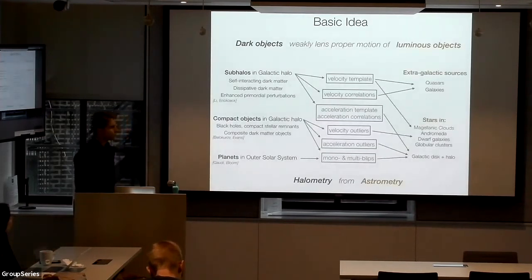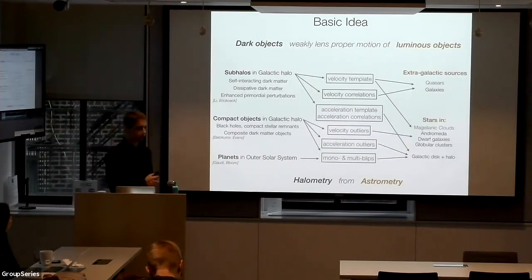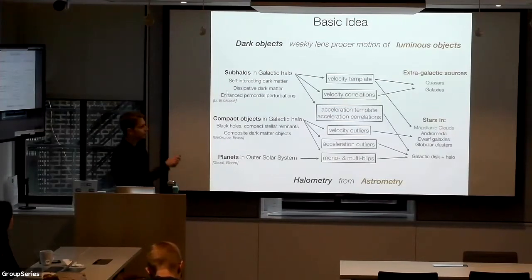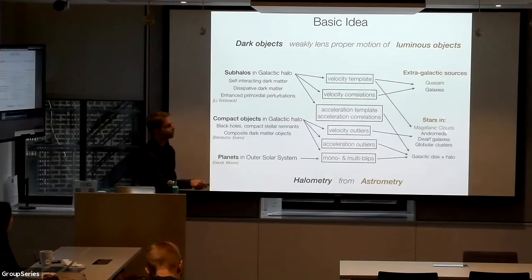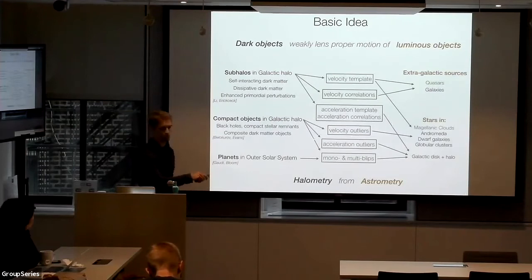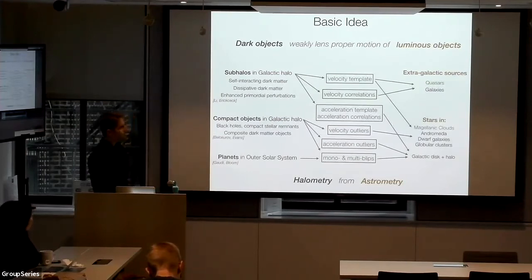Okay, so let me recap for a second. The basic idea is that dark objects can weakly lens the proper motion and induce proper motion corrections on luminous objects. So then you can pick any of your favorite dark objects and any of your favorite luminous sources and use the observables that I just quickly outlined.